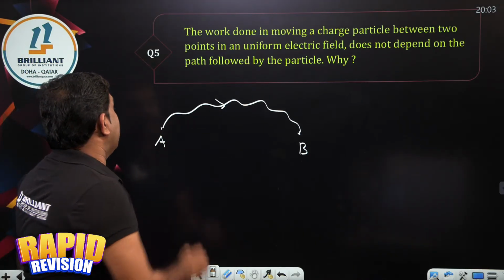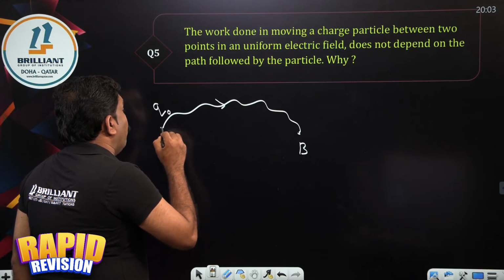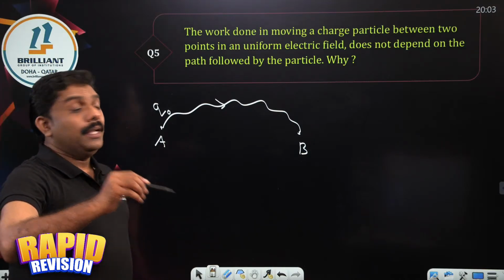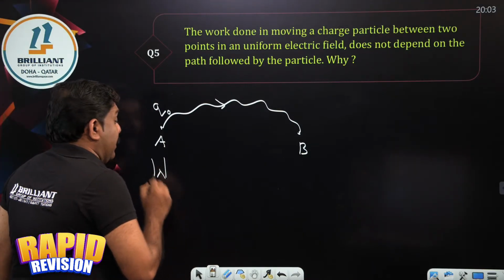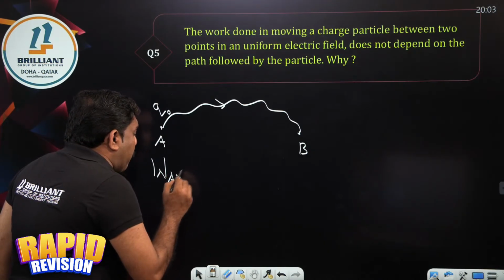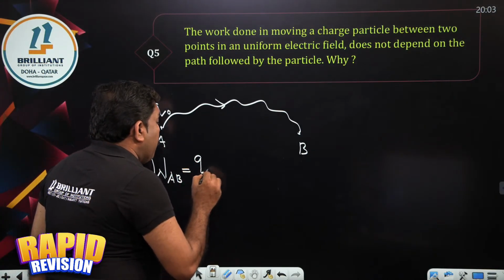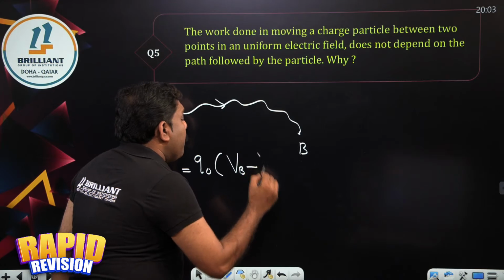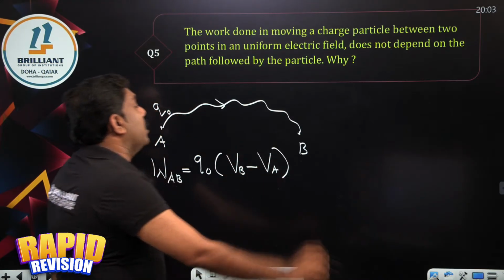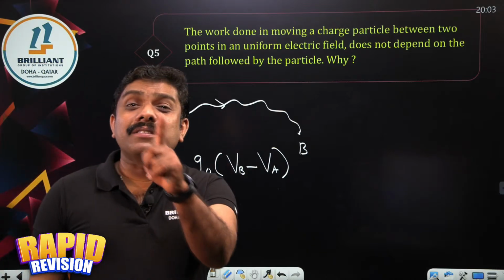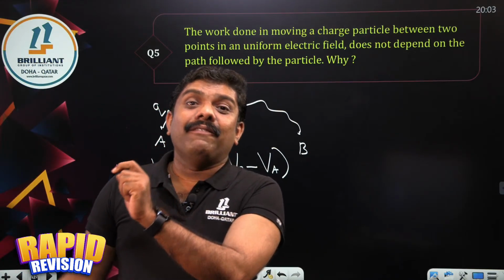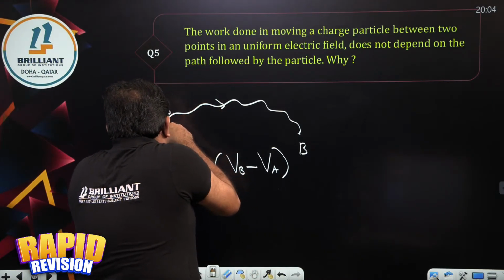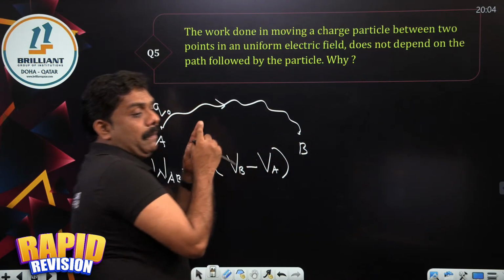For example, a charge Q0 is moving from the point A to the point B. The work done to move a charge from the point A to the point B is equal to the moving charge into the potential of the final point minus potential of the initial point. So it depends only on three things: what charge you are moving, the potential of the initial point, and the potential of the final point.